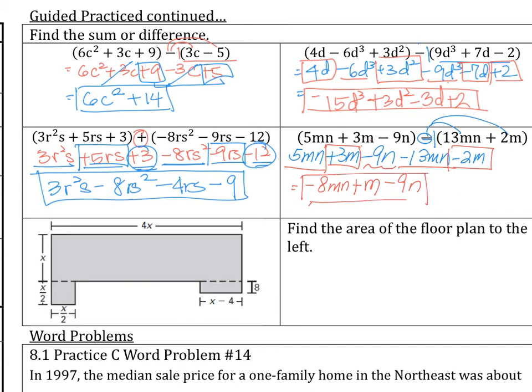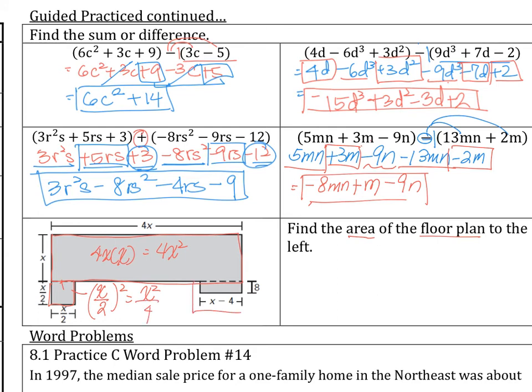And for this next problem, we are to find the area of the floor plan to the left. Okay, first I'm going to write an expression for this big rectangle here. And this would make 4x times x, which equals 4x squared. And this little square will be x over 2 squared, which makes x squared over 4.